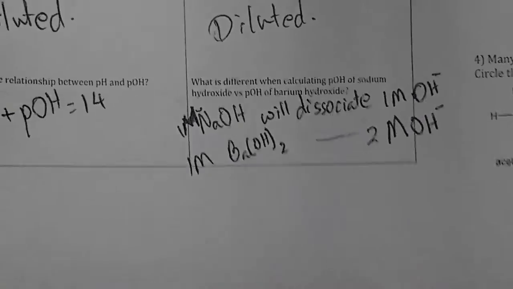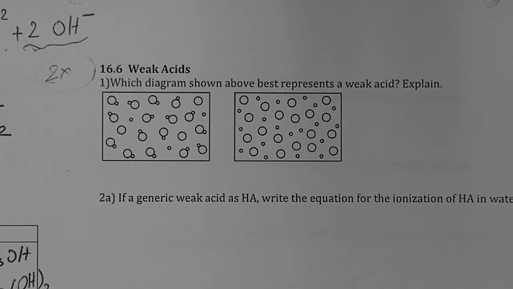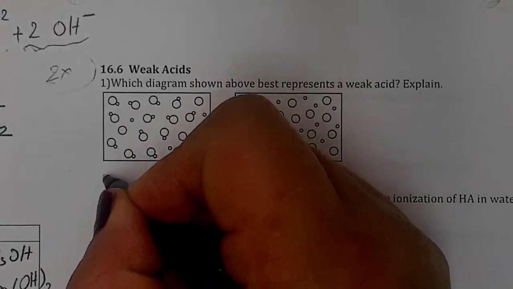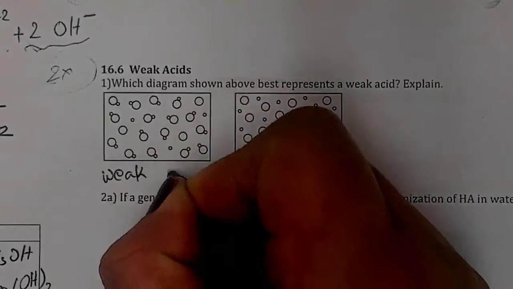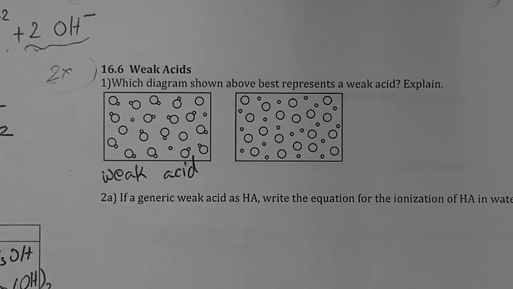Your turn. Tell me which one is a weak acid. First one. Okay, so we said this is a weak acid. Why? It shows as dissociated. You can see some are dissociated, some are not, still stuck together.